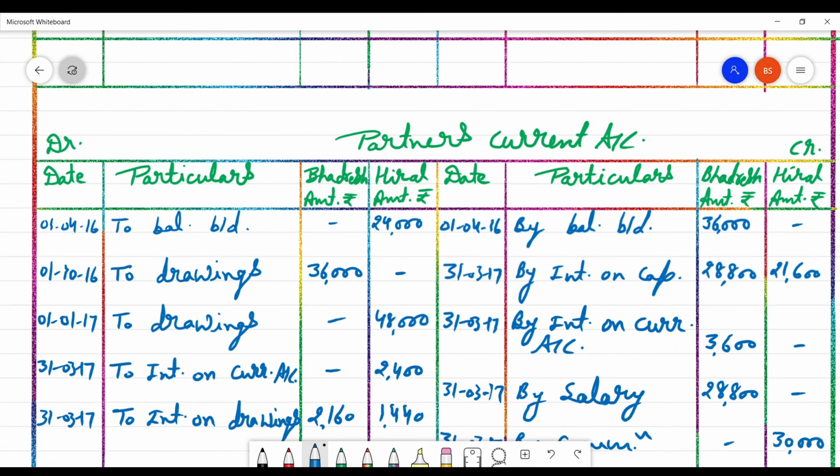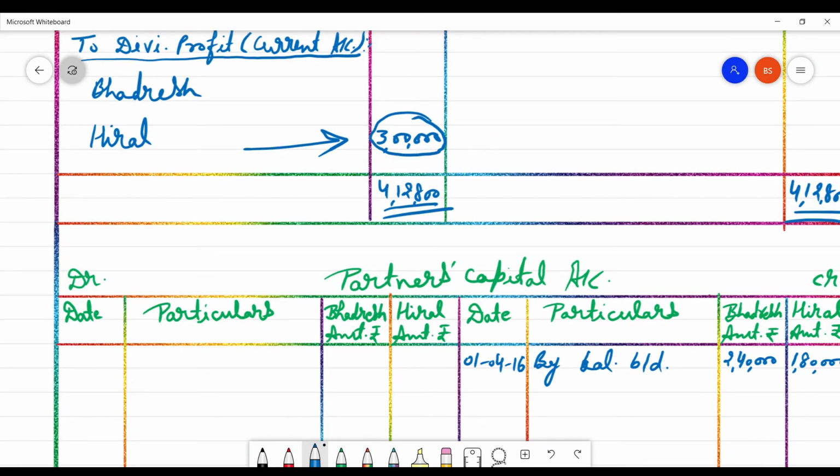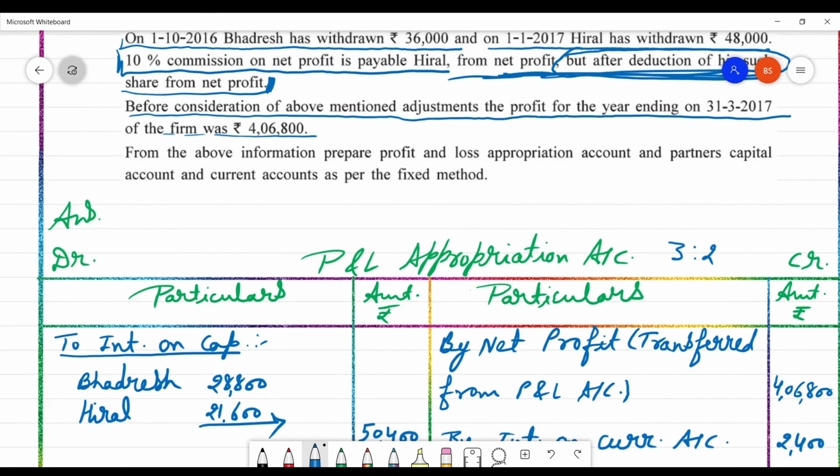After that we will distribute 3 lakh in the ratio of the P&L account, and the ratio is 3:2.